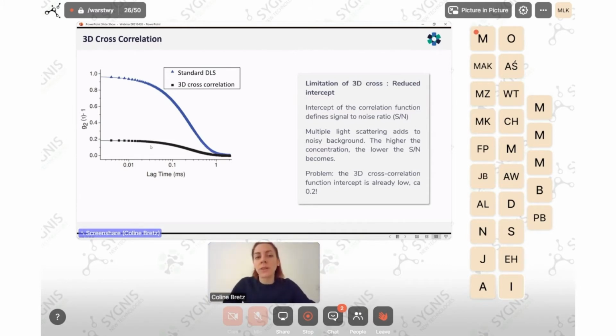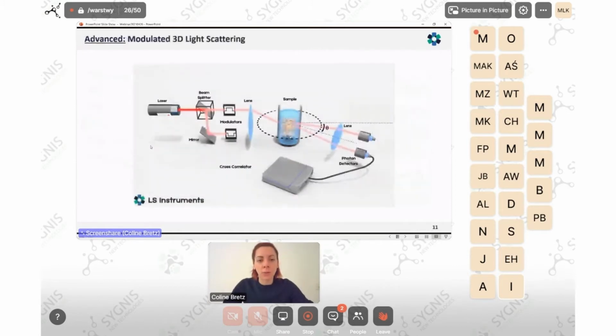To counter this drawback, at LS Instruments we have developed a technique that consists of rapidly switching between the two channels using acousto-optic modulators. So one laser beam is switched on, one is off. In doing so, we don't have these two channels simultaneously coming to the detector, and we can effectively suppress multiple light scattering while keeping a high signal.